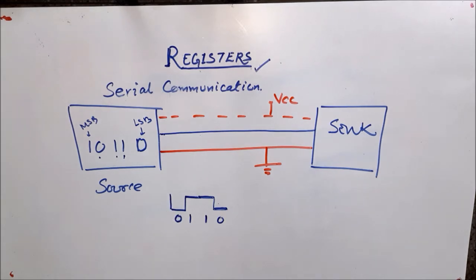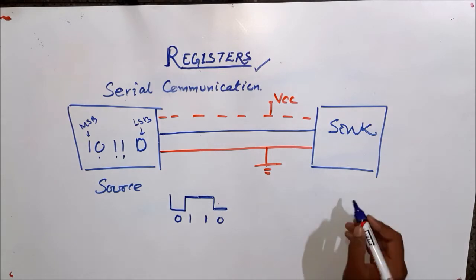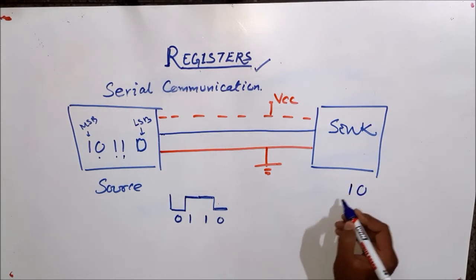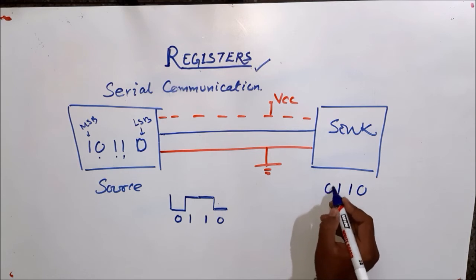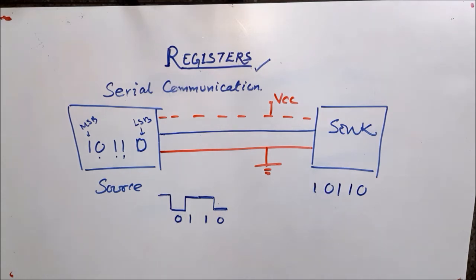Once this kind of waveform is generated by the data line, the sink will understand: first it will get a 0, then a 1, then a 1, then a 0, and again a 1.